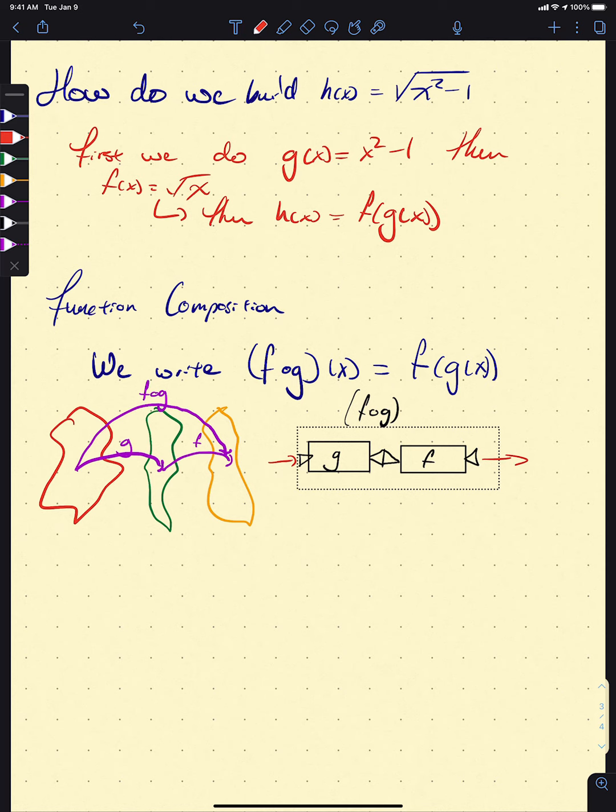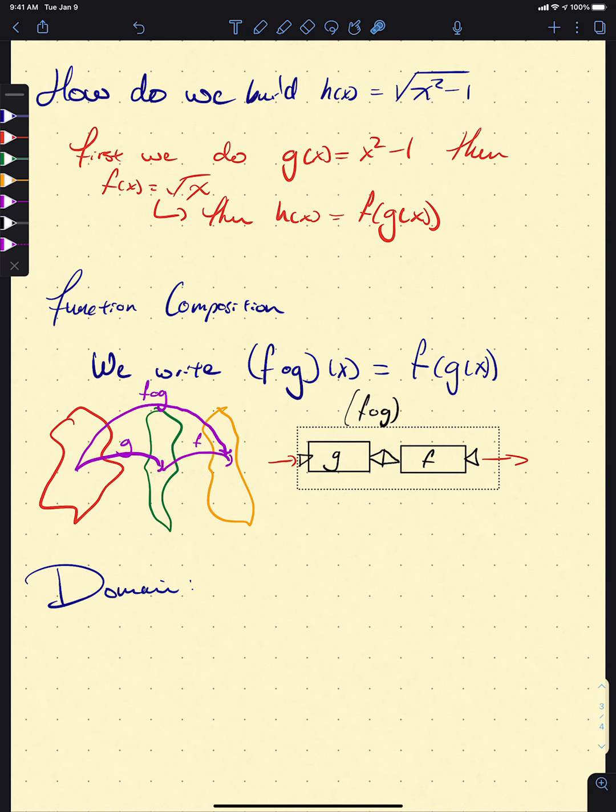So as before, the next obvious question is, what happens to our domain? Well, we could theoretically run into a problem where G maps to something F can't necessarily take in.